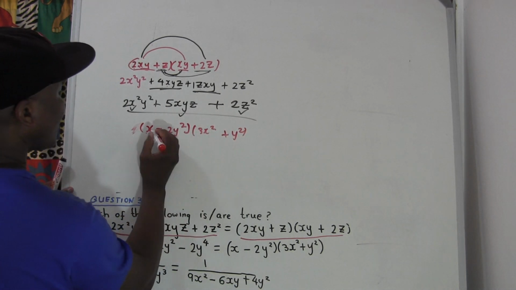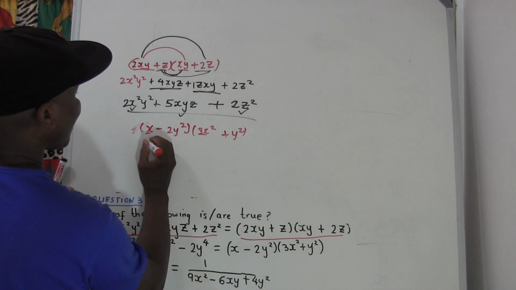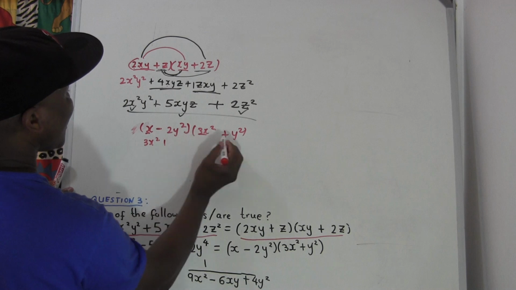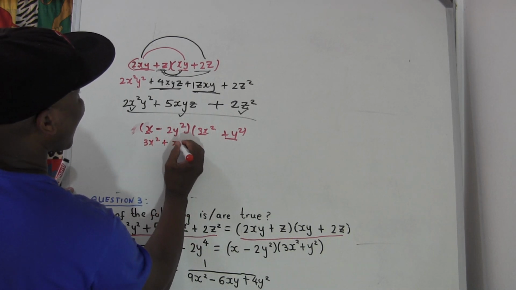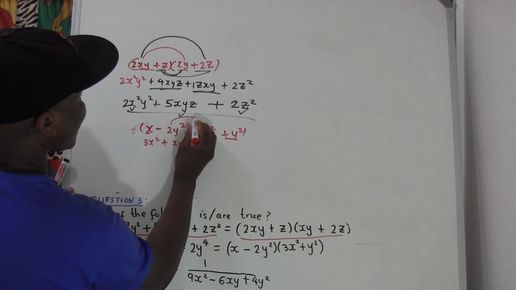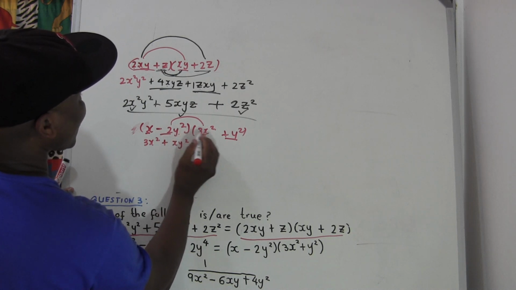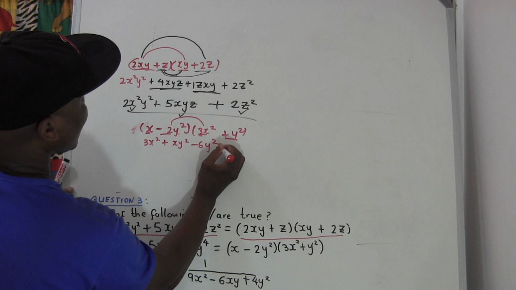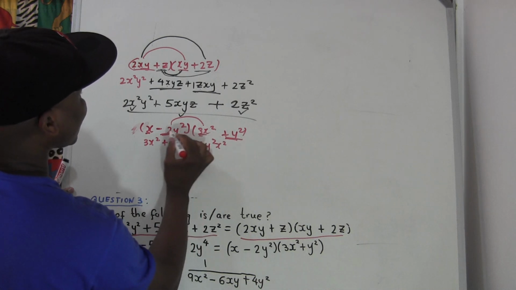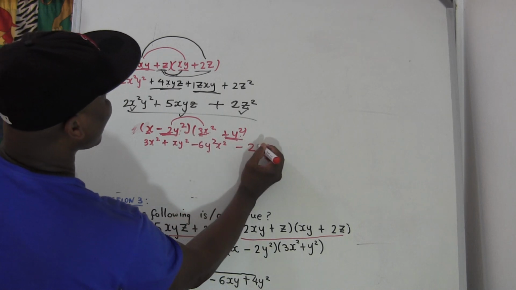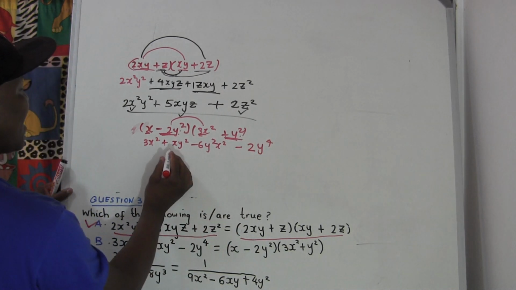Now x times 3x squared, because x and x, and then now we come for this and this. It's going to be plus xy squared. Now negative 2 times positive 3 is going to be negative 6y squared x squared. For the last, negative 2 times positive y squared times y squared is going to be negative 2y to the power 4. Are these similar?